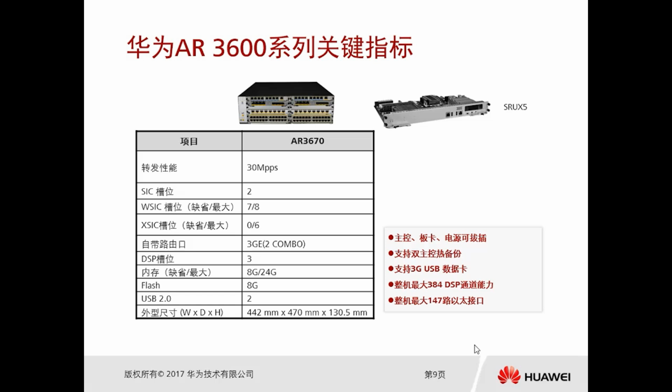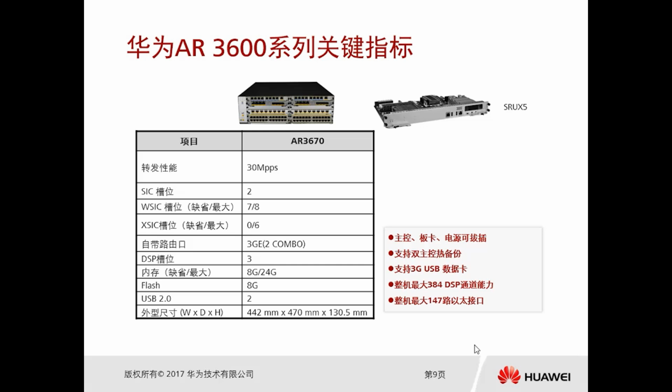Inside this table, the project listed many items. For example, its forwarding performance, SIC slots, then WSIC slots, and XSIC slots. According to the actual business needs, you can compare and check if these items meet the requirements of your business.